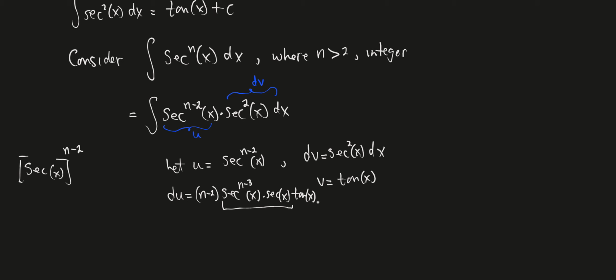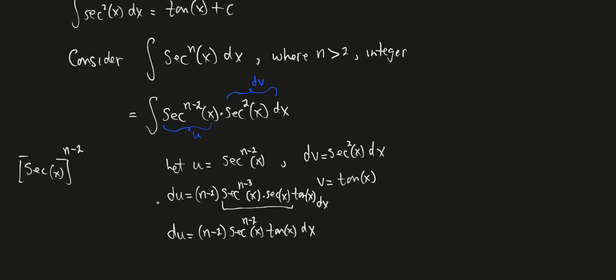Oh, I didn't write my dx here. Let's put the dx. So du is a quantity n minus 2, and then this product here is secant to the power n minus 2 of x, and then I have a factor of tangent here, so tangent x dx, right? So that's my du, right?